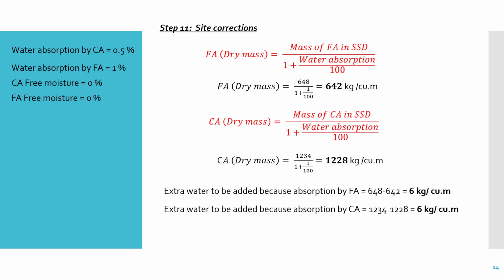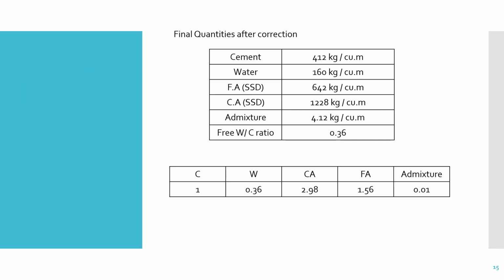Indirectly, 12 kgs of water is absorbed by aggregates. So we need to add 12 kgs of water, and hence the final water content becomes 160 kgs per meter cube of concrete. These two tables give final quantities and proportion of ingredients in the mix.